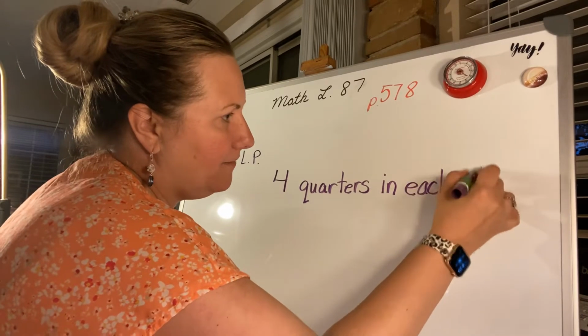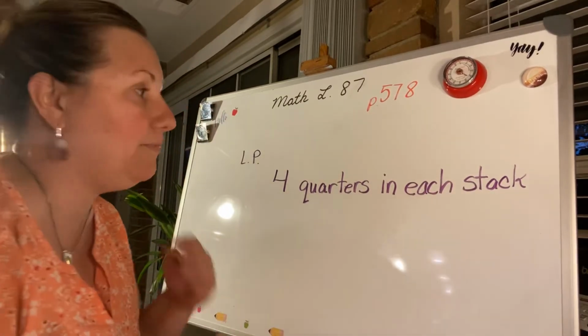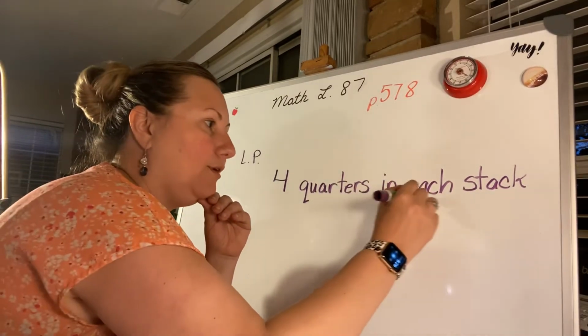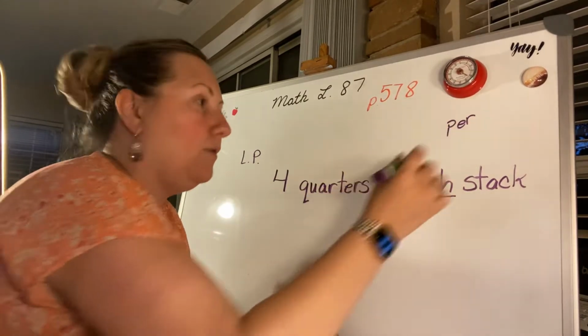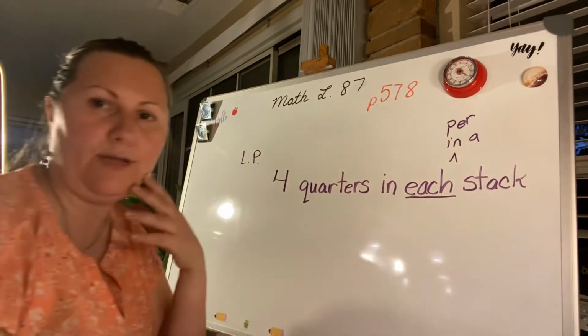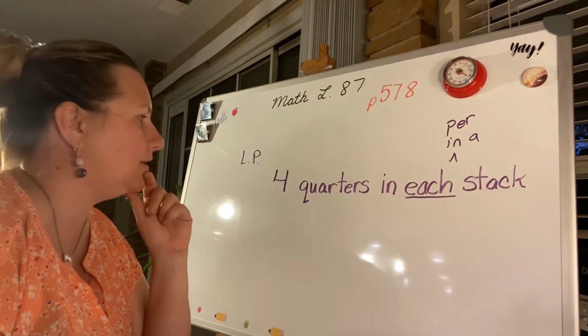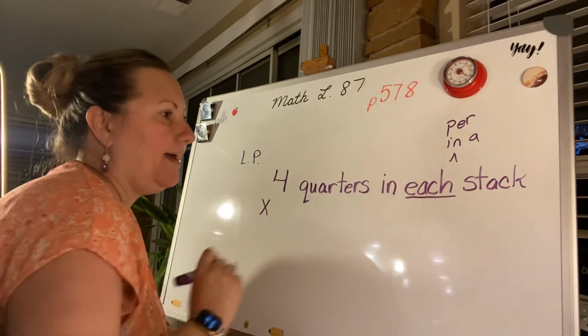So that's the very first thing, is write down that first sentence in a story problem that uses that word each or per or in a, any of these, whatever words are used that mean each. 4 quarters in each stack.